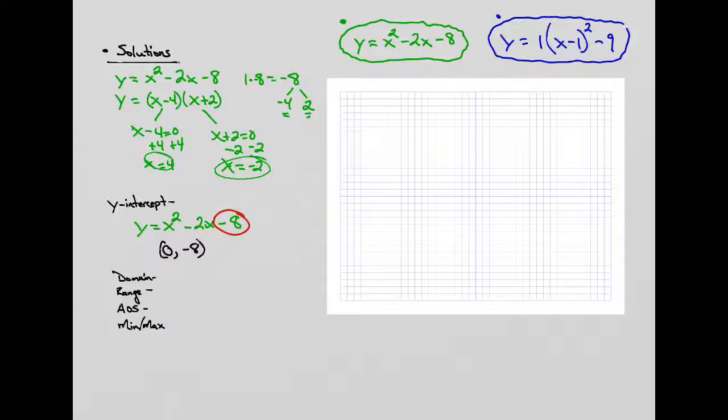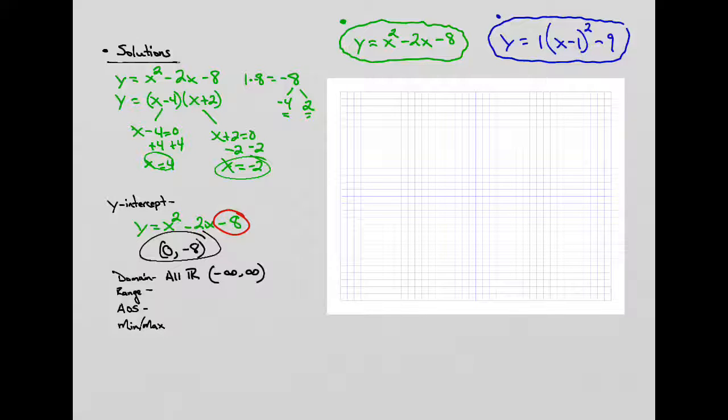I don't need to do any calculations to find that. It's just given to me, and that's it. My domain for this is always going to be the same thing. My domain for this is always all real numbers, or negative infinity to positive infinity in interval notation.